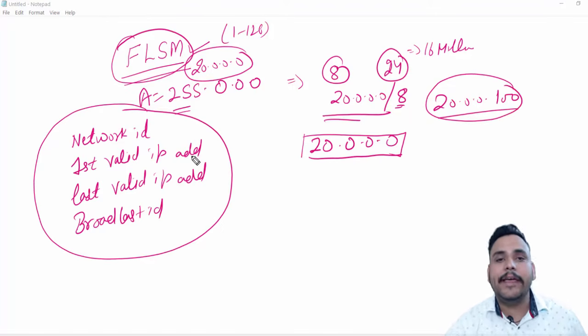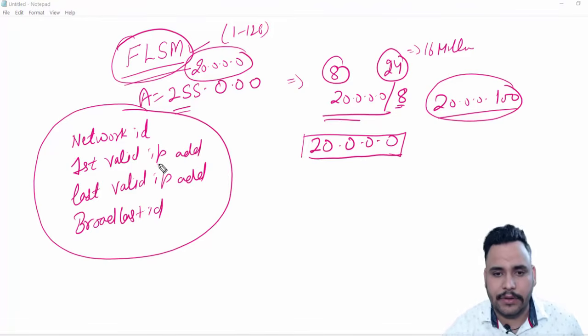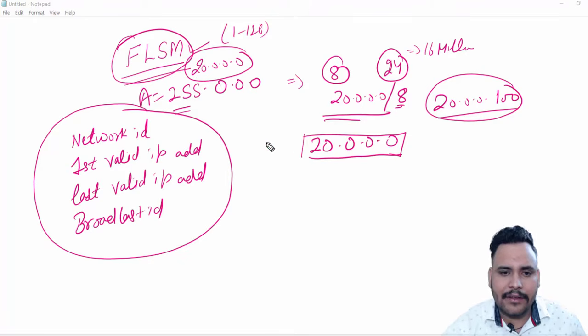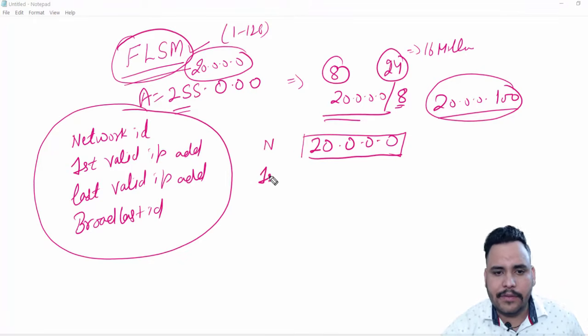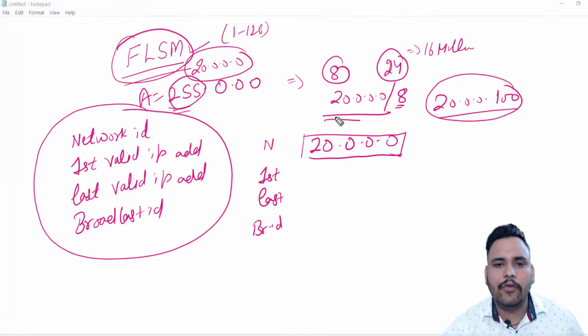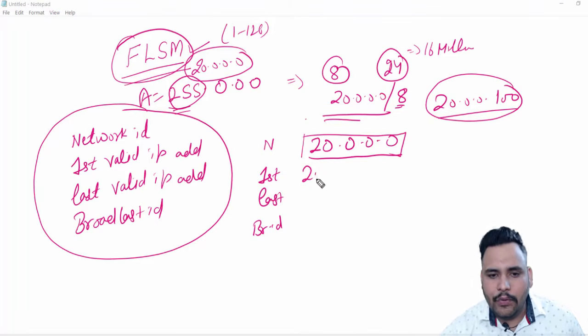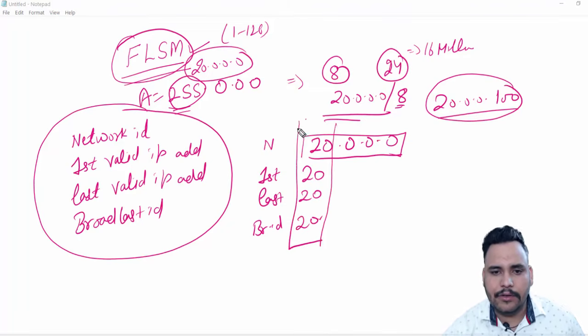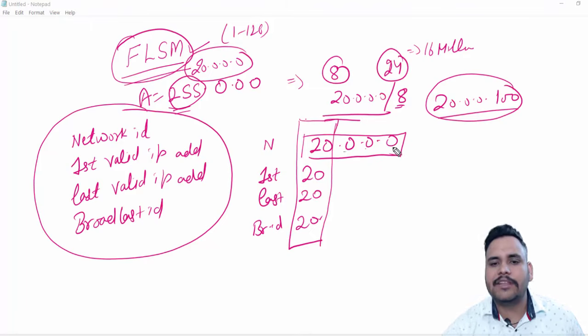The first valid IP is the IP address I'm going to assign to my computer. So we know that this is the network ID, this is the first IP, this is the last IP, and this is the broadcast ID. With subnet mask 255.0.0.0, the 20 should be the same in this part, and the remaining part is variable.